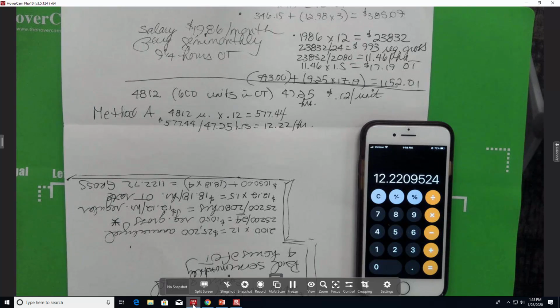That's her what? Regular rate. For every hour she worked, she made $12.22, correct?